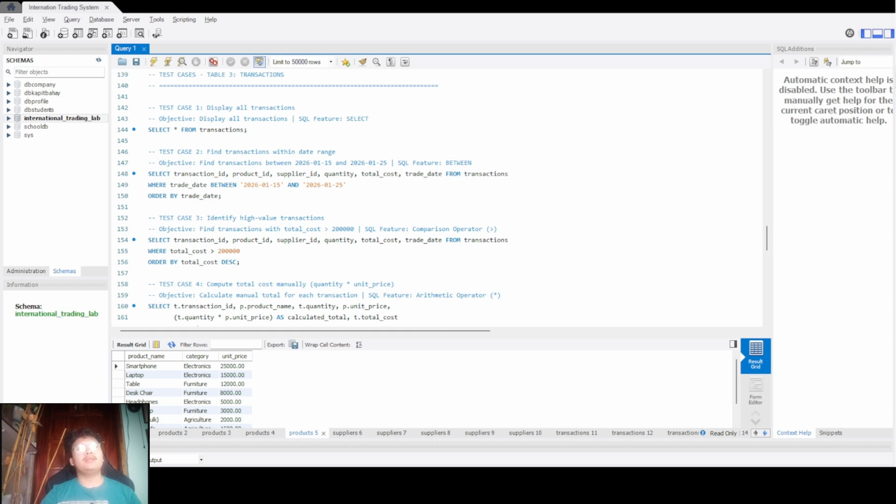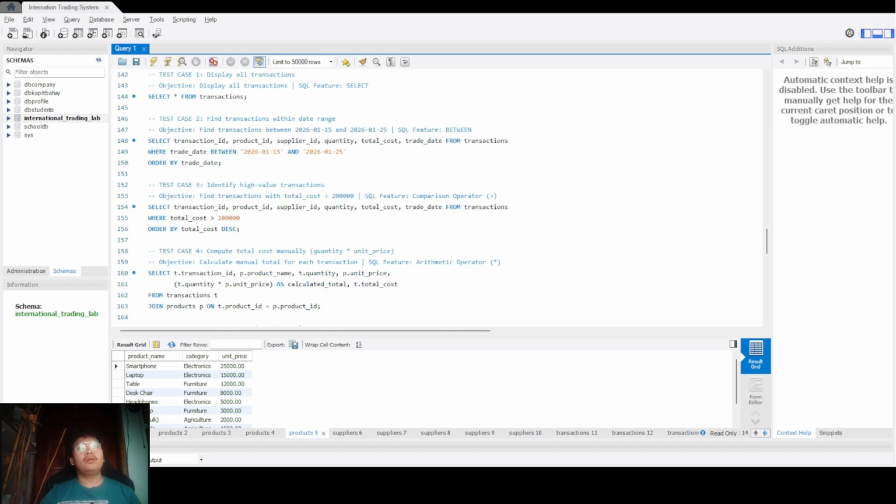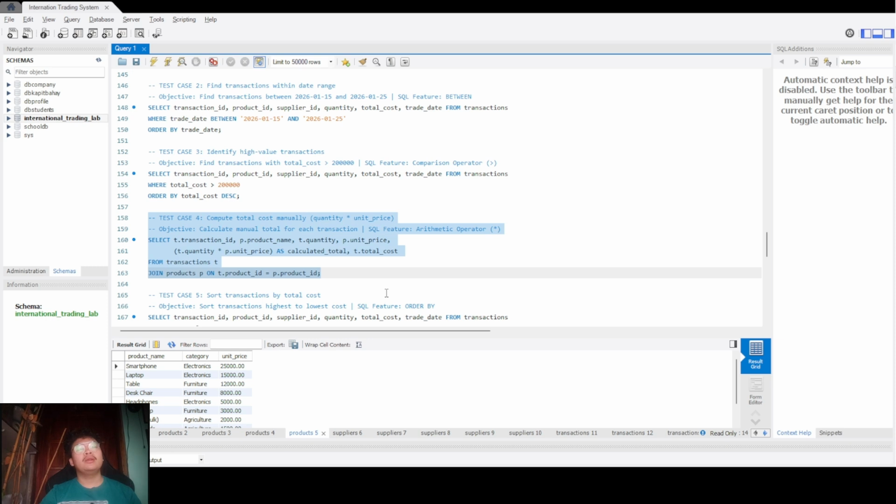Now next is test case 4, compute total manually using quantity and unit price. This is an important query because it uses a join to connect the transaction table with the products table.